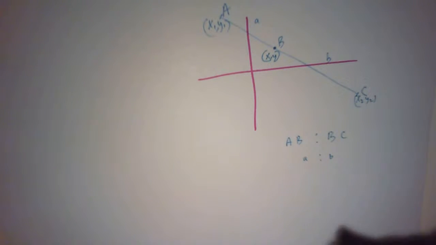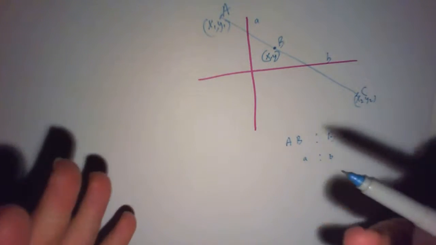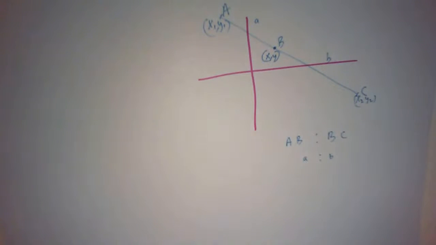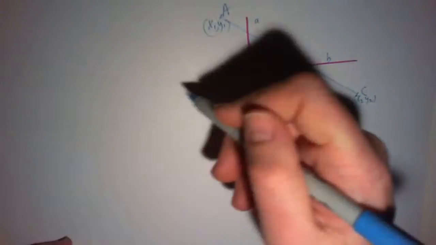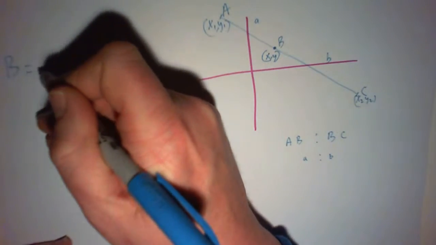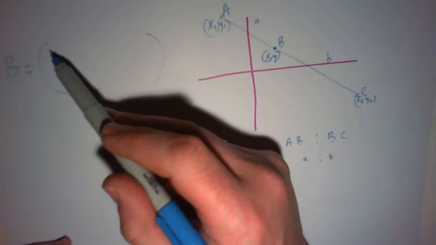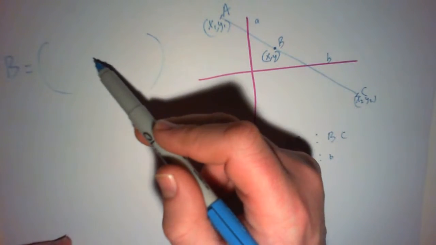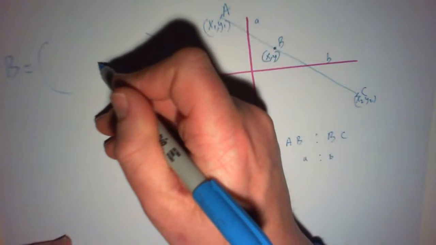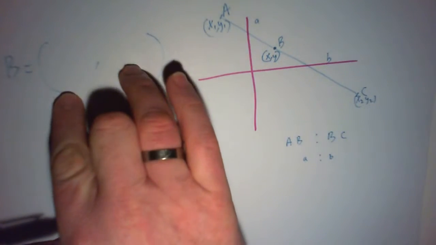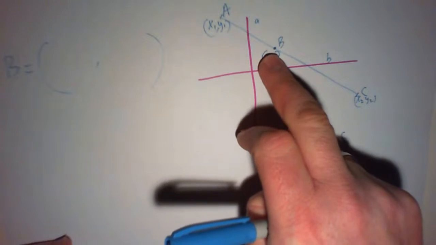So I'm going to show you the formula. The formula is very similar to the formula we would have used for midpoint. So the point B is going to be equal to, just like remember when we did midpoint, we had x1 plus x2 over 2, comma, y1 plus y2 over 2. It's the same idea. We have a comma in between. This will generate eventually a coordinate, which will be that coordinate there.